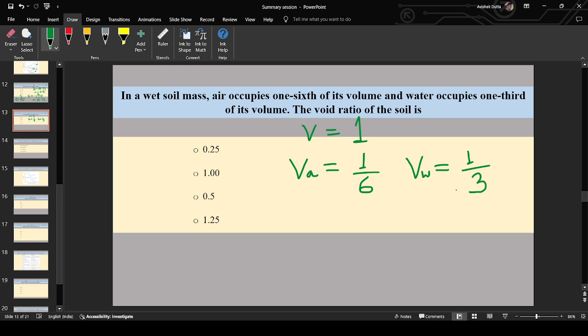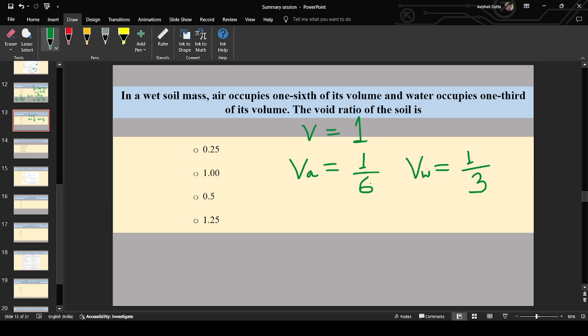Now it is a wet soil mass. So the pores in the soil will be filled up by water and by air also. If it was fully saturated, then the voids would have been filled up by only water. Since air is there, it is a partially saturated soil mass. The void will have both air and water in it.